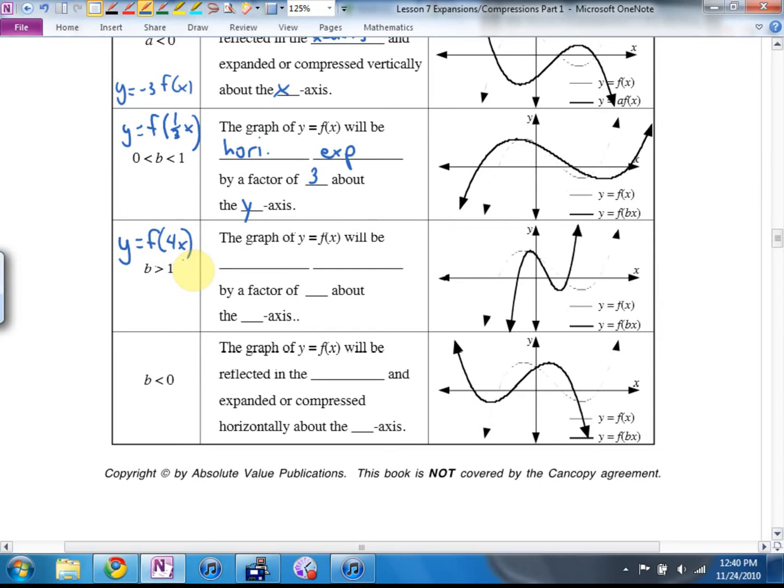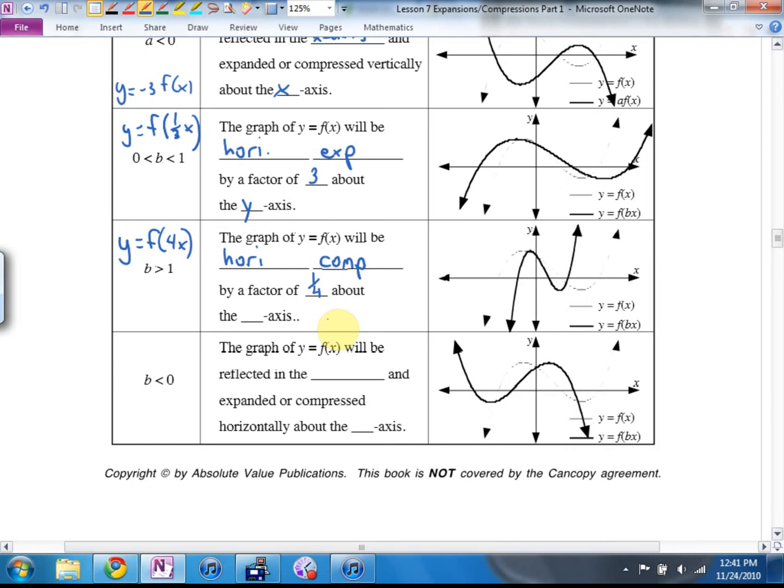Next to the x. By the way, eventually you'll have way more stuff, and it's nice to know by a process of elimination what you shouldn't do. Horizontal. And because it's right next to the x, everything is backwards again. So instead of expanding by 4, this is going to be a compression by 1/4 about the y-axis.